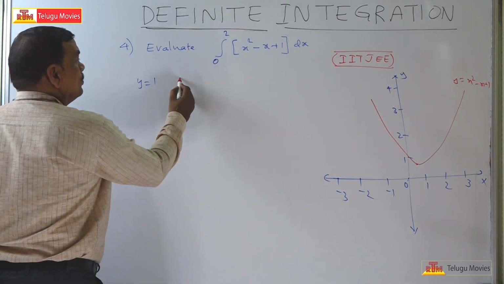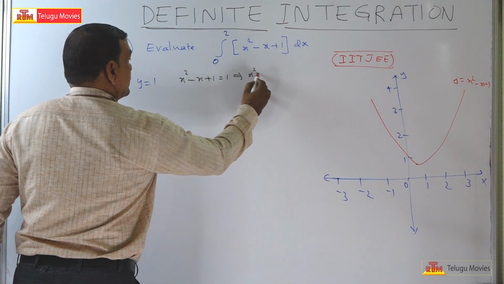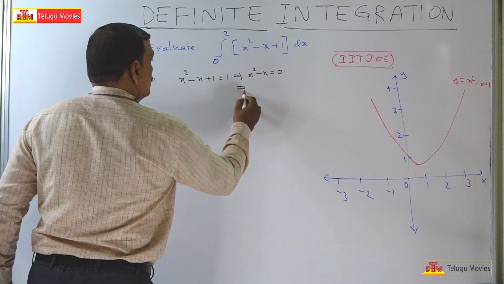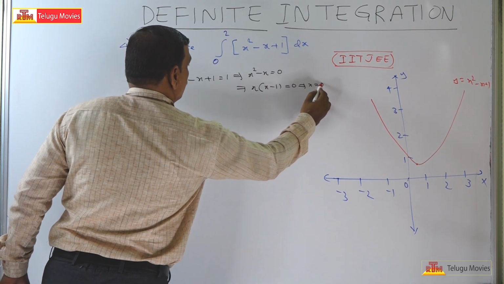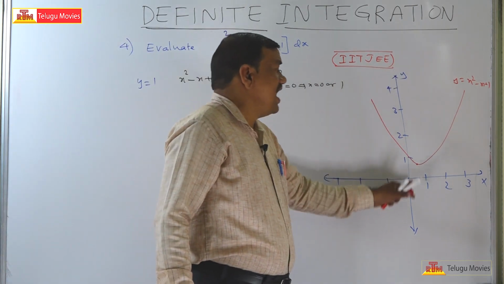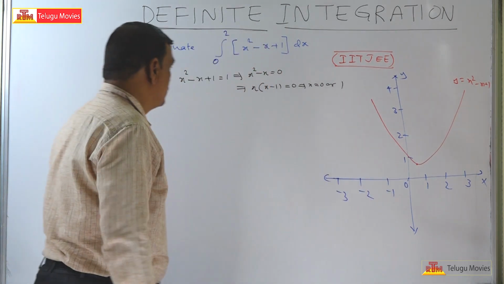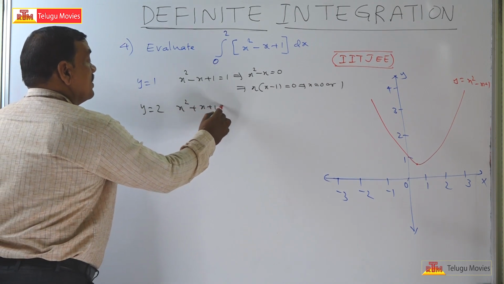So, x squared minus x plus 1 is equal to 1. Therefore, x squared minus x is equal to 0. So, x into x minus 1 is equal to 0, therefore x is equal to 0 or 1. Okay, now if your y value is 2, let us see what happens. x squared minus x plus 1 is equal to 2.